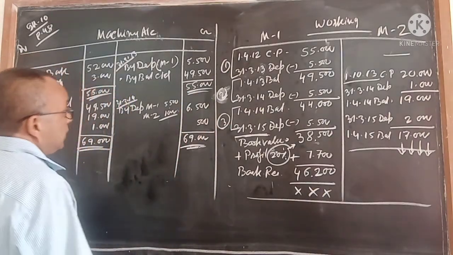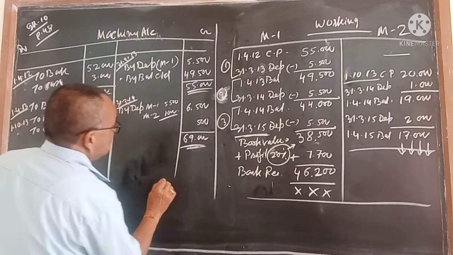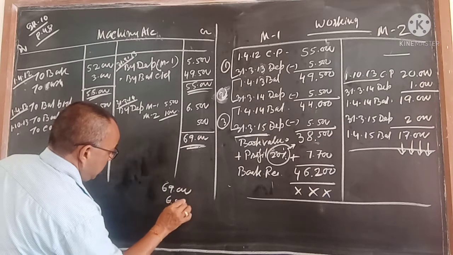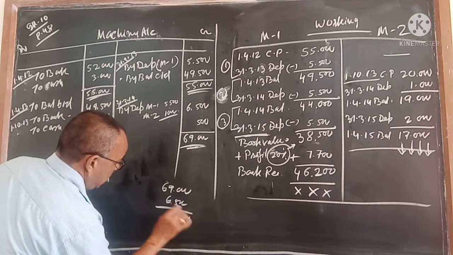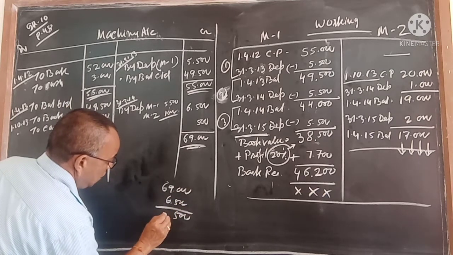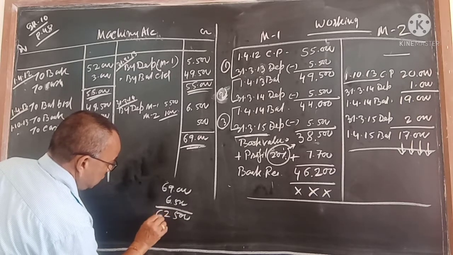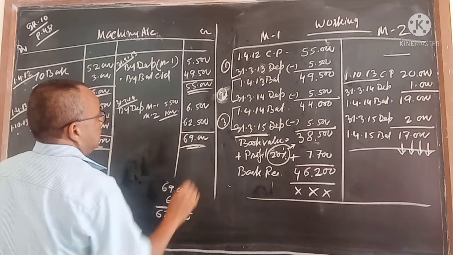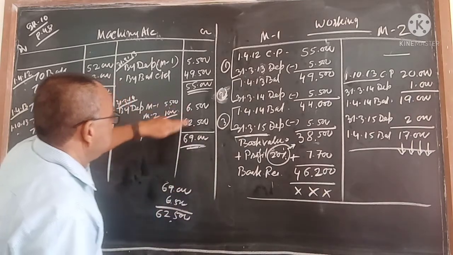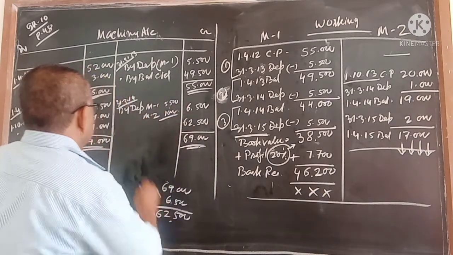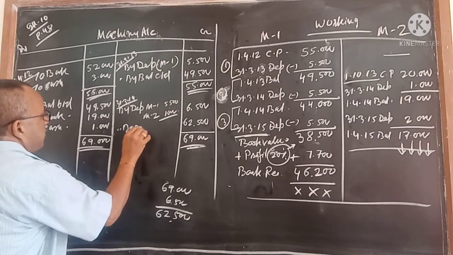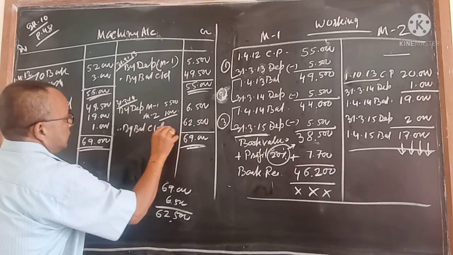So how much are you getting? 69,000 minus 6,500, 5,500 add. This is 62,500. 62,500, okay. That is the balance you got by balance CD.